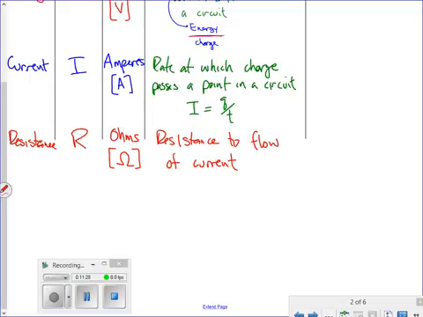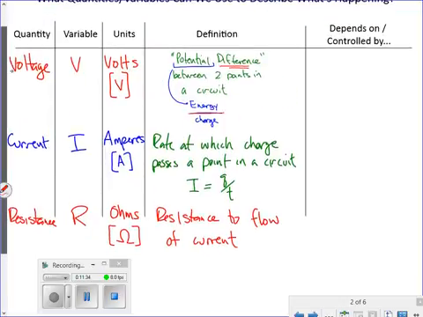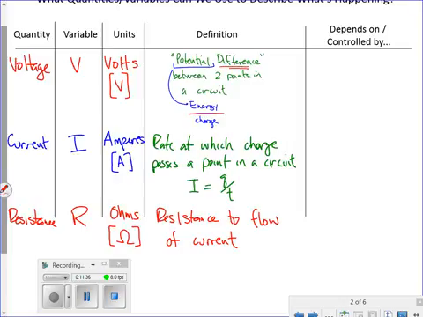All right? That's a good enough start for now. And notice that I've left the depends on, controlled by stuff for later. That's going to be a lot of your job, to figure that out. So voltage, current, resistance, the three big parts of a common relationship that we'll come up with ourselves, ideally.